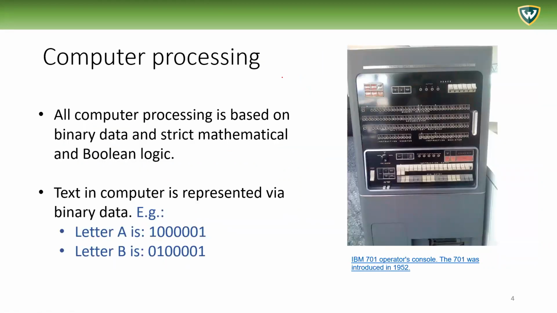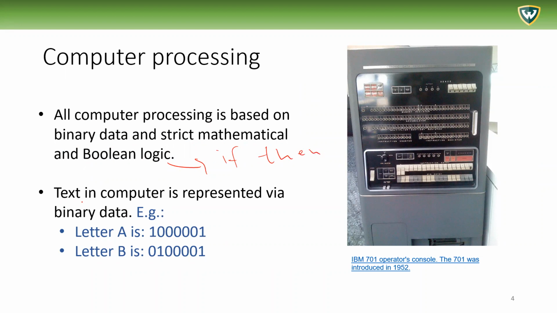So computer processing. Let's recall that all computer processing is based on binary data and strict mathematical and Boolean logic. So the logic that we just saw, the iterative logic for every item, print each item, or the conditional logic of if machine is on, then print the on signal, things like that.